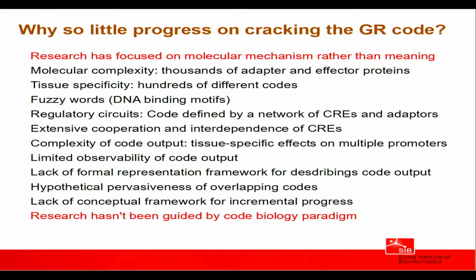Yeah. Well, maybe what comes to my mind is that, you know, if I say the code is tissue-specific and it is defined by a subset of adapters, transcription factors, this subset can be split into two parts.